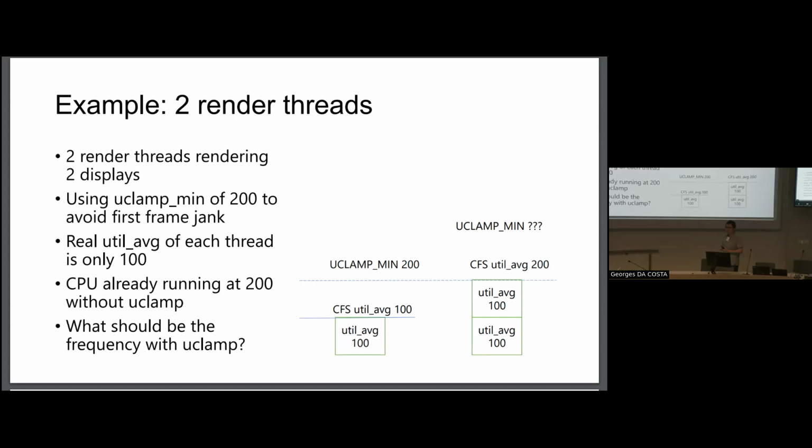I guess one point I want to make as well is that the reason why we use Uclamp in most cases is because you have tasks that are in a pipeline, right? So you want to make sure that you don't just look at the utilization of the task to select the OPP at which it runs, so that you can produce the data fast enough so that it can be picked up by the next stage.